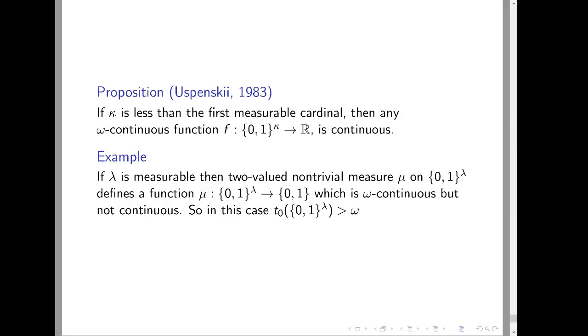And here, for measurable kernels, you must assume something about the size of this family because of this example. If lambda is measurable, in other words, if you have a 2-valued non-trivial measure on the Cantor cube, then this measure defines a function.